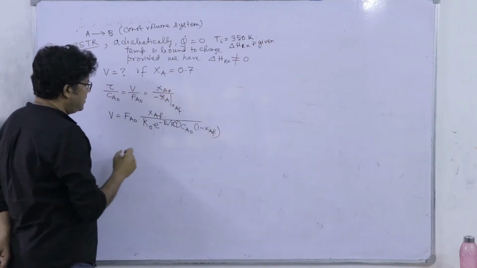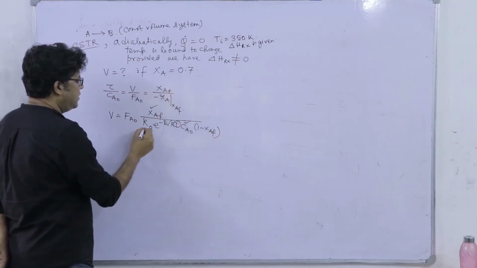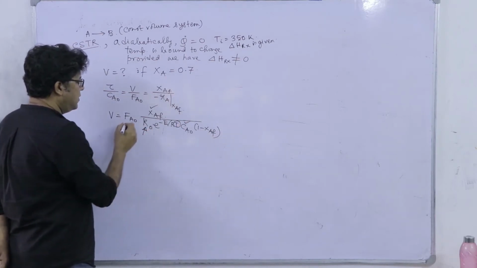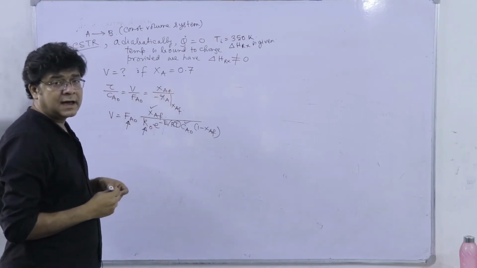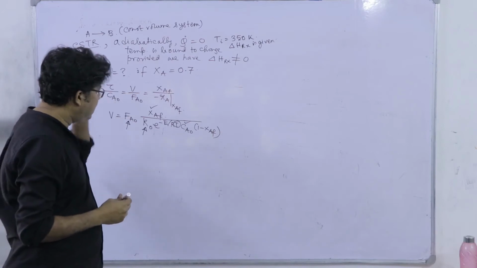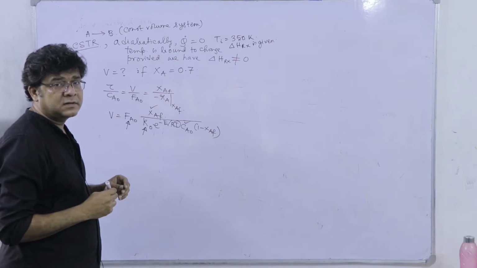So, what problem are we facing? We know this XAF, we know Ca naught, right. This Arrhenius model is given, Fa naught is known, K naught is also known, we know this activation energy. However, we do not know temperature, right.